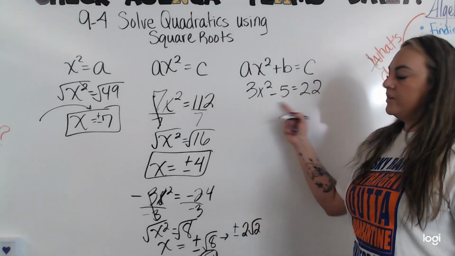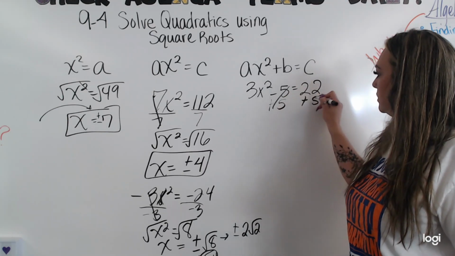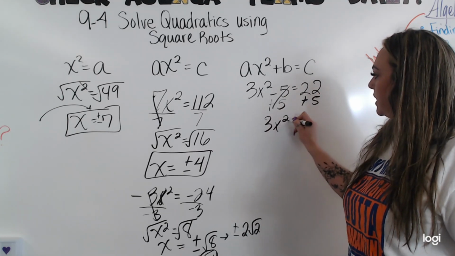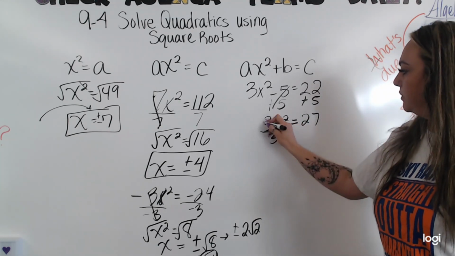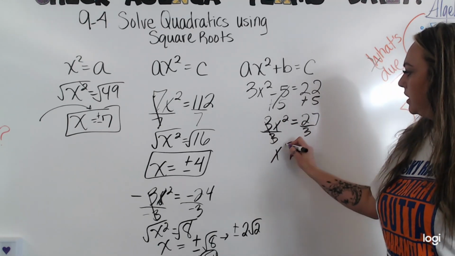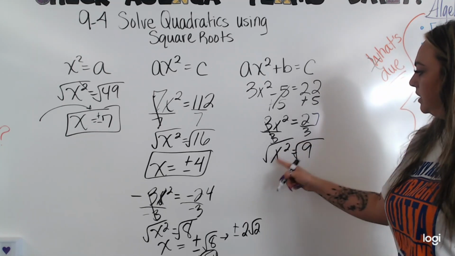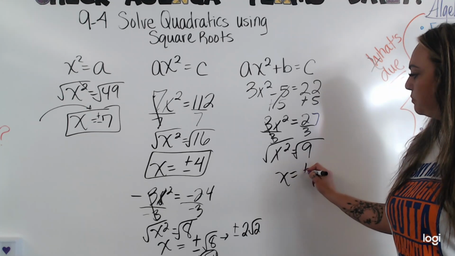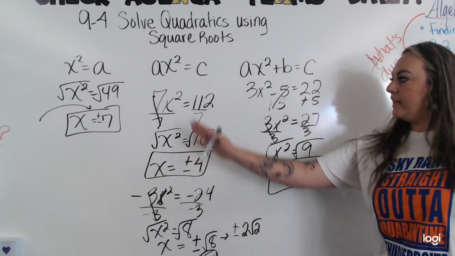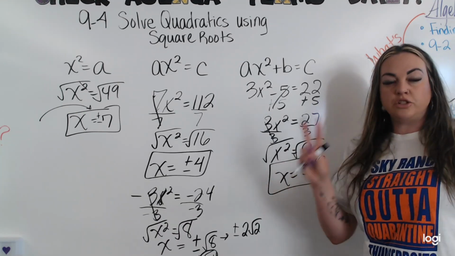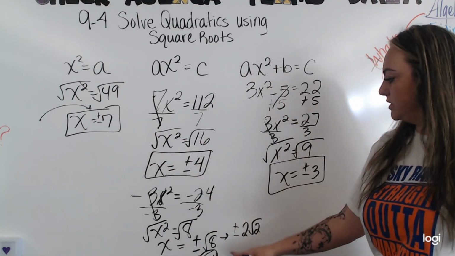So obvious first step, we need to add 5 to both sides. 3x squared equals 27. We divide both sides by 3. X squared equals 9, and the square root of each gives us positive or -3. So in each of these cases, we had two solutions. We could have the positive or negative of the values that we got.